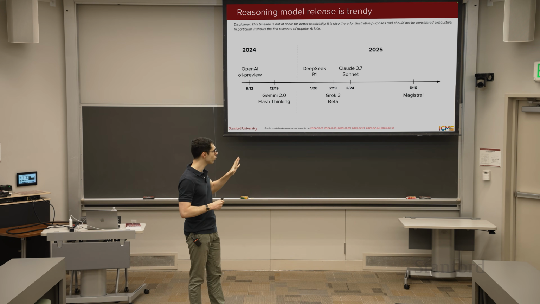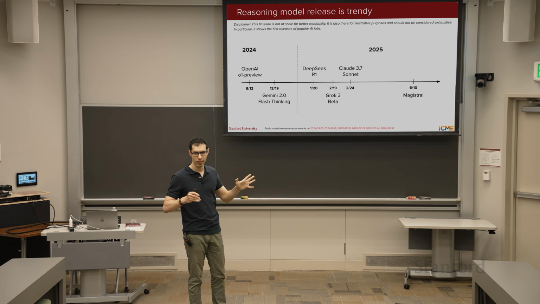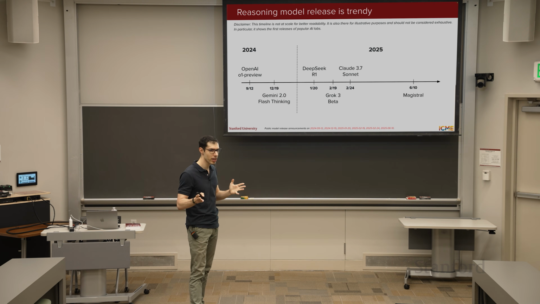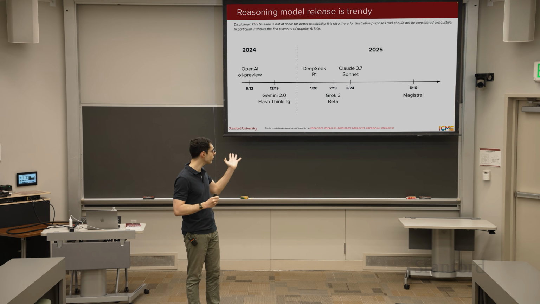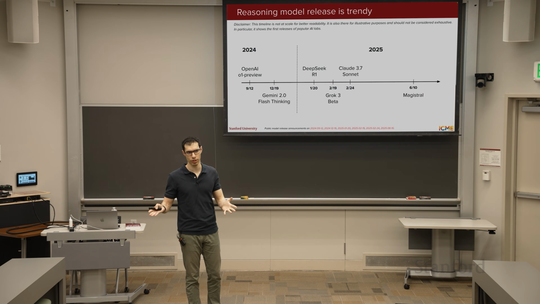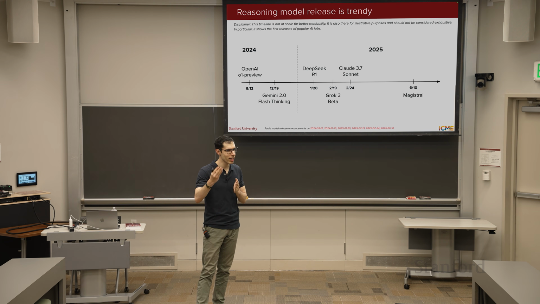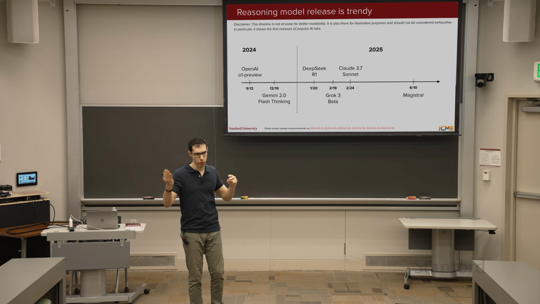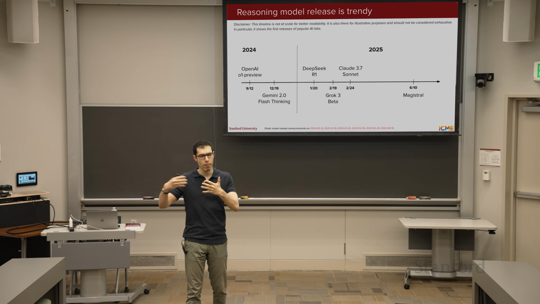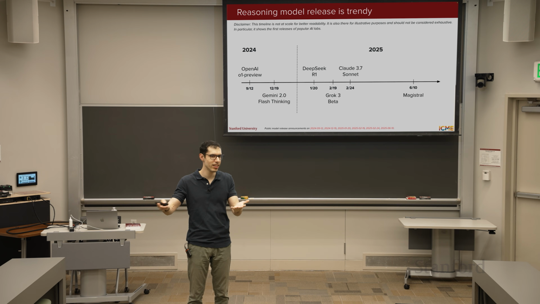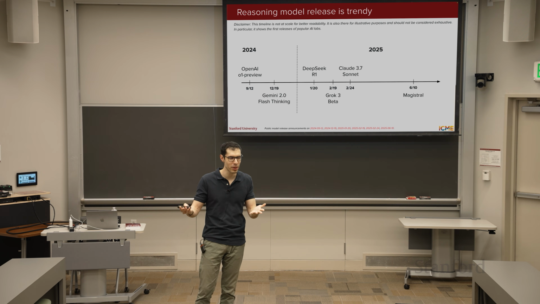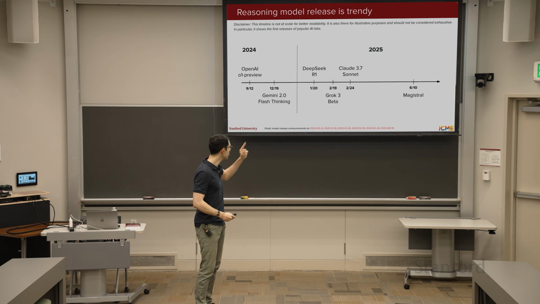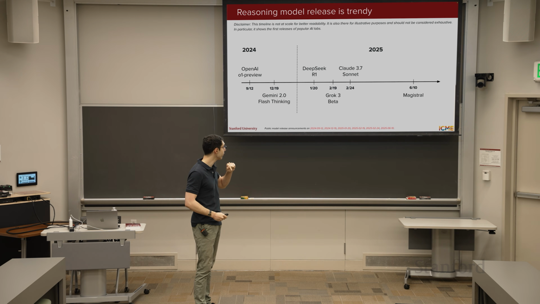Then, starting in 2025, there was the DeepSeek R1 paper published in January, which made a lot of noise, because what they were able to do was match OpenAI's reasoning performance with a method that they actually described in their paper. So that was a big moment, January 2025.